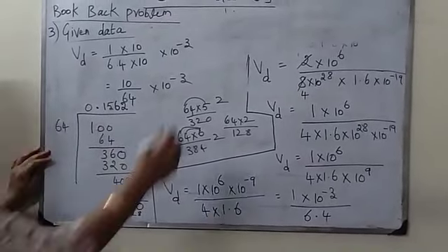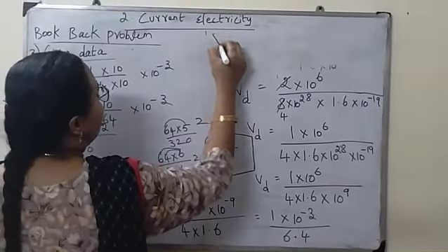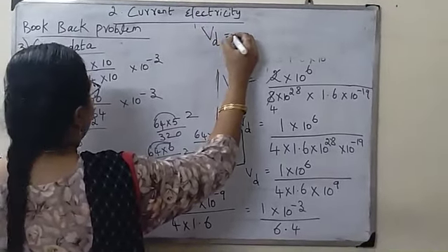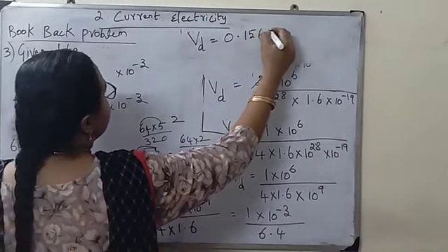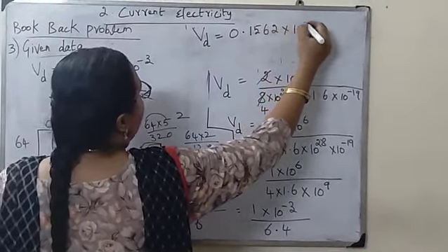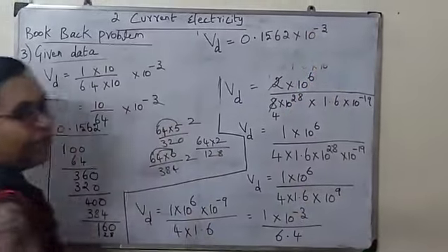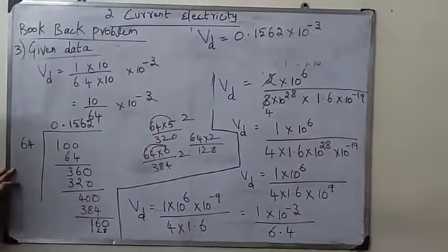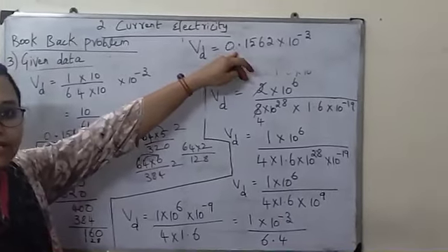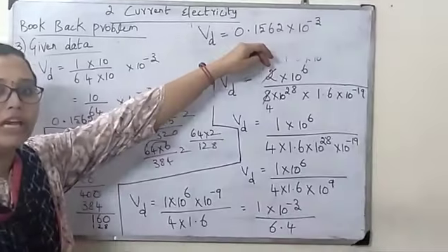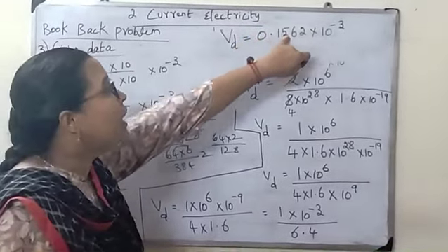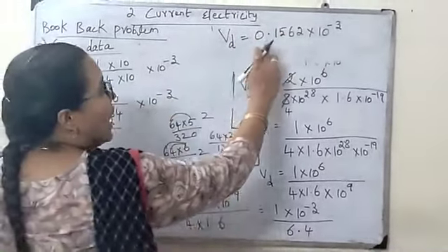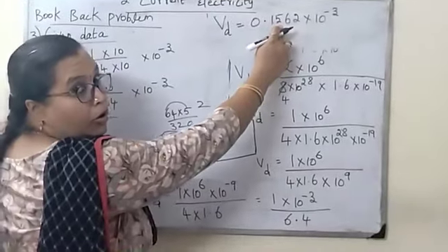So the answer is, finally, drift velocity Vd is equal to 0.1562 into 10 to the power of minus 3. But for our convenience, we don't want to leave the answer as 0 point, so we will make it some number. We can make it 15 point. 15 point means after 2 digits we keep the point.